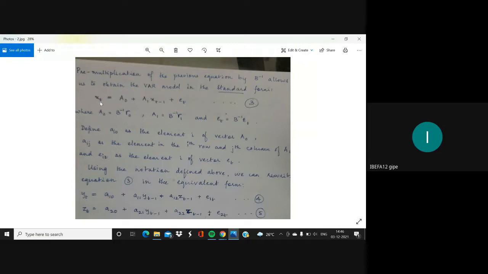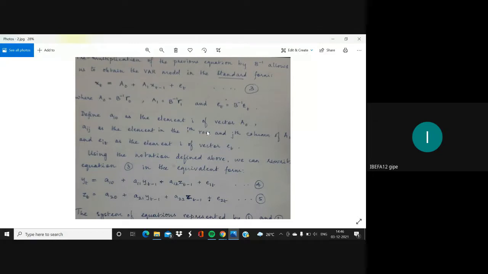So you simply have xt here, then A naught, which represents the multiplication of B inverse with the vector of constant terms. Then A1 represents the multiplication of B inverse with the matrix associated with the lagged values of those endogenous variables. So this way we can rewrite the VAR model in its standard form.